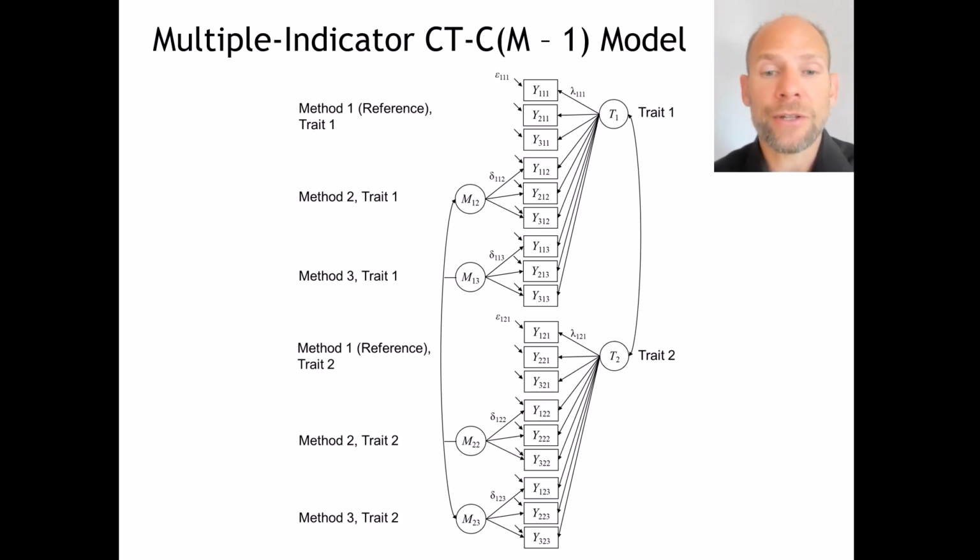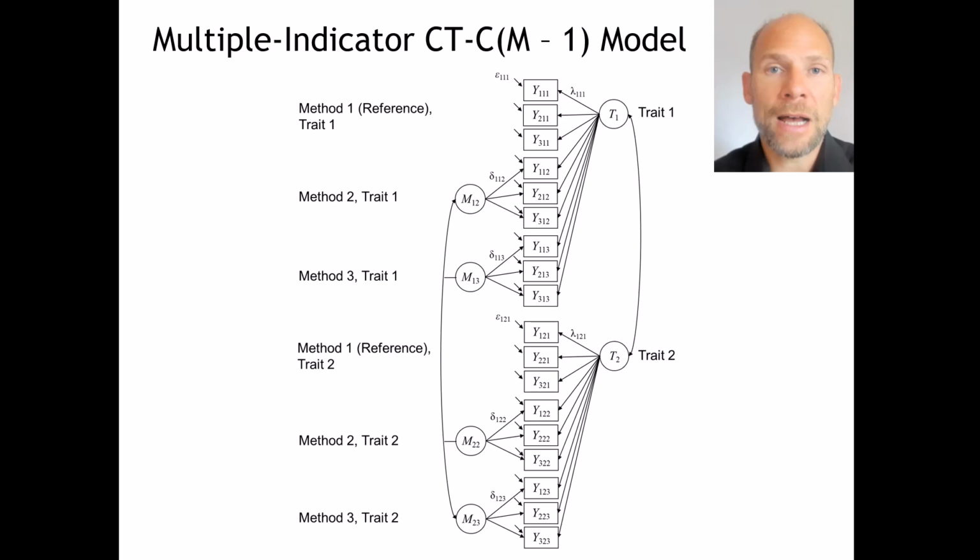Likewise, we have a trait-specific method factor for parent reports of extraversion, which would be M22, and a trait-specific method factor for peer reports of extraversion, which is M23. And so those method factors, again, can be correlated, and those correlations would tell us something about the extent to which method effects generalize across different traits, and also the extent to which method effects generalize across raters.